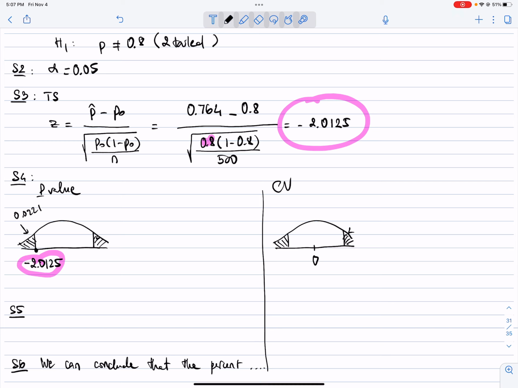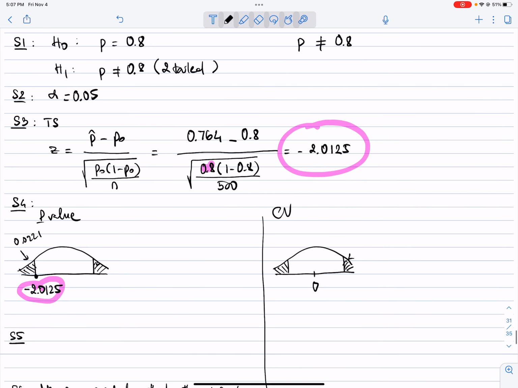Because we are using two-tailed, go back to step 1, right? Under the alternative, we say two-tailed. So we should multiply the p by 2 because we have the other side also: 0.0221 times 2, and we got 0.0442.